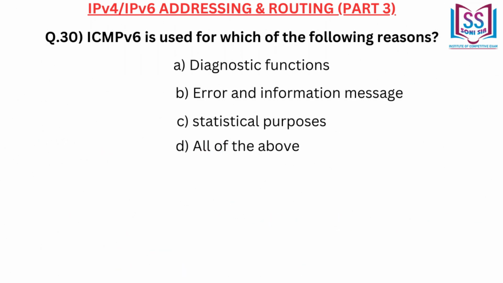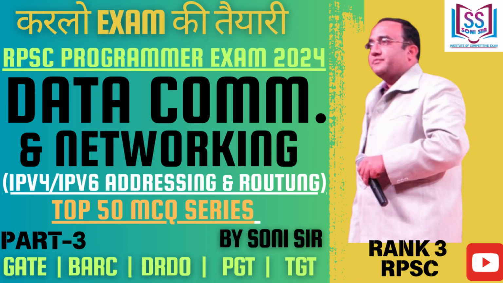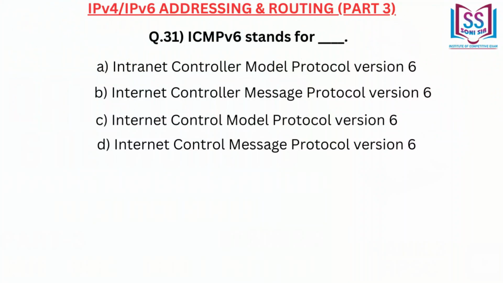ICMP-v6 is used for which of the following reasons? A. Diagnostic functions. B. Error and information message. C. Statistical purposes. D. All of the above. Correct answer D. All of the above. ICMP-v6 stands for dash.